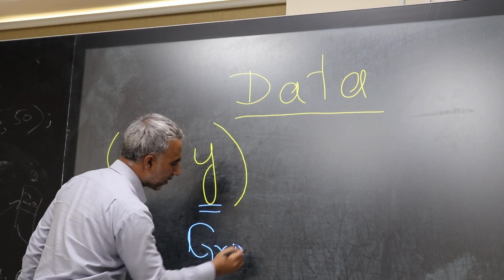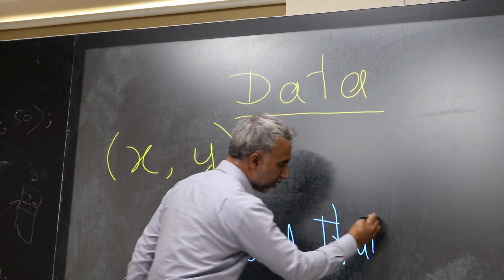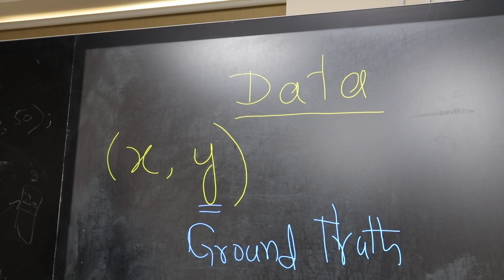For example, if students, the ground truth for a topper GPA should be 4 out of 4.